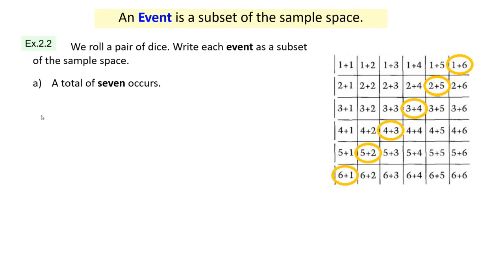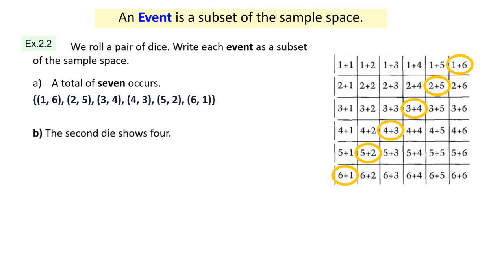Like on this picture, the total of 7. Actually, it is the total that happens the most. You see it in the middle of the line. We have 6 outcomes, and we can list them like this: 1 and 6, 2 and 5, and so on.